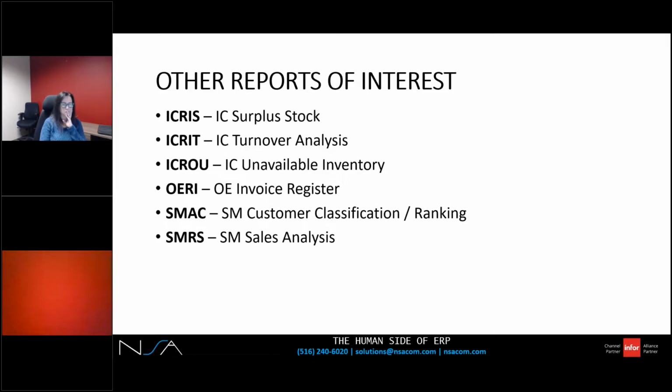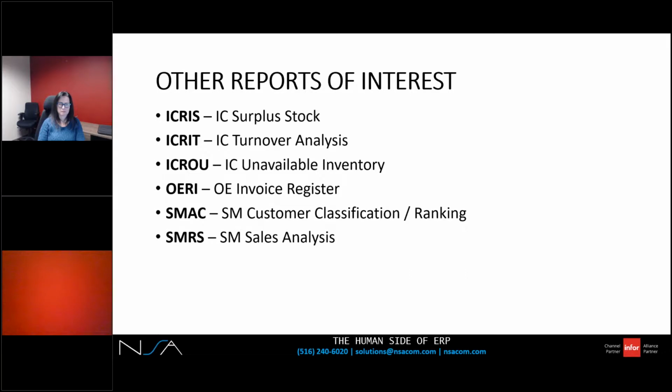As with the vendor customer classification and ranking, SMAC, yes, smack, not where you would expect it. You would expect it to be in AR, but it isn't. So under SMAC is where you would run the customer classification ranking, and again, this is what would rank your customers if you did the update of classes 1, 2, 3, however many classes you set up in your administrator options, or you can run it for report purposes only.